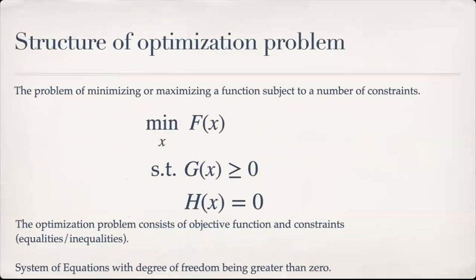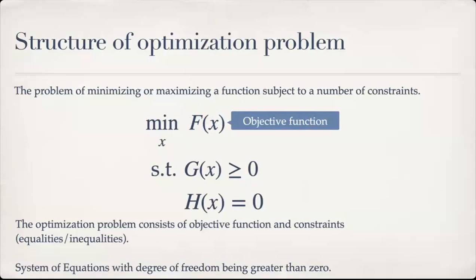So now we move to the structure of an optimization problem. Now you have the concept of an optimization problem already, the whole process, I mean decision making and optimization. So we deal with an optimization problem. And this is the simplest structure of an optimization problem: the problem of minimizing or maximizing a function subject to a number of constraints.